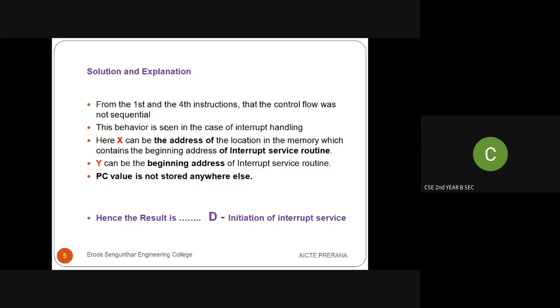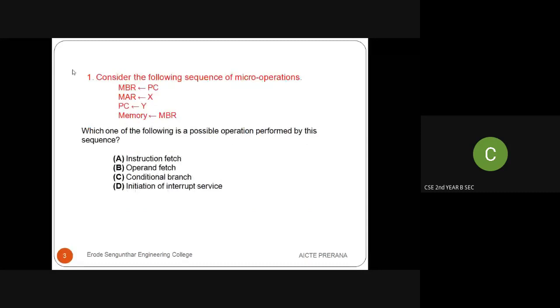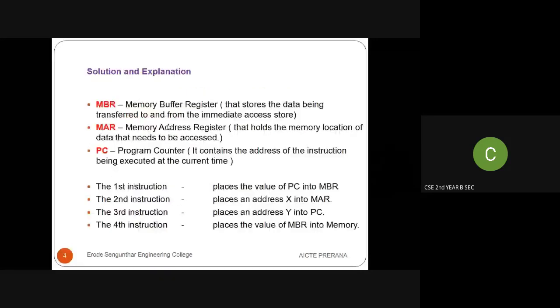Interrupt means any unconditional or unstated behavior of a particular system, and we are going to handle that interrupt. Each and every kind of interrupt is very unique. So when we analyze these four instructions, they are related to interrupt service.